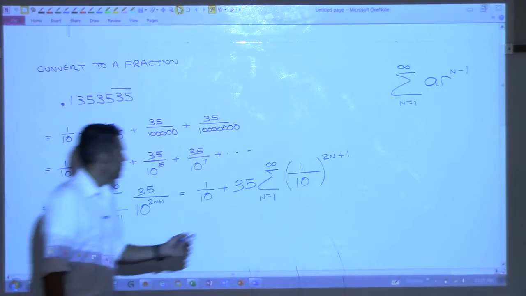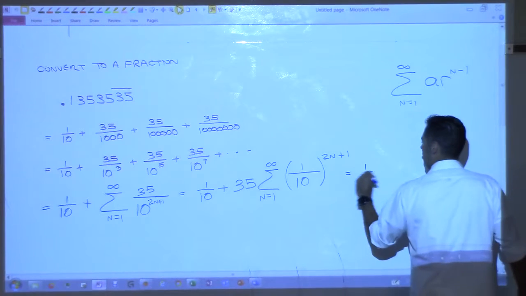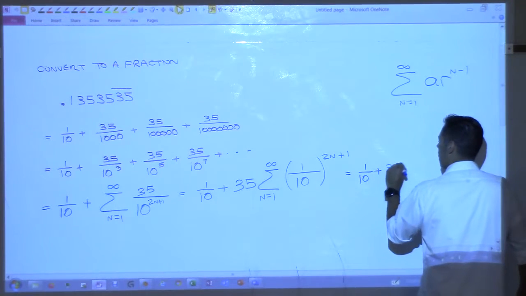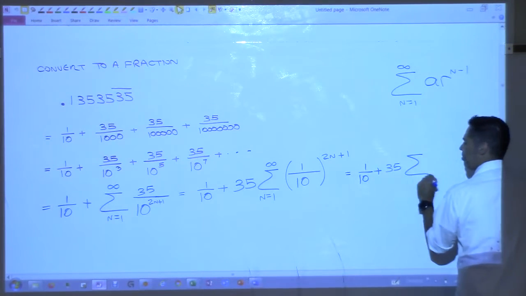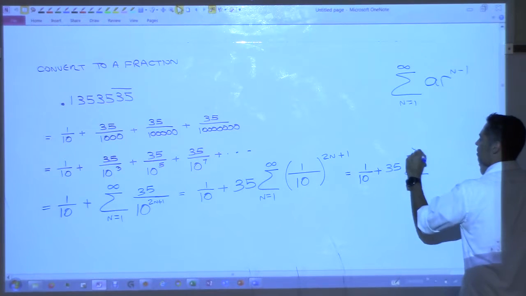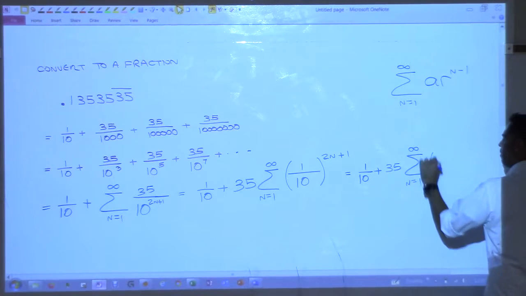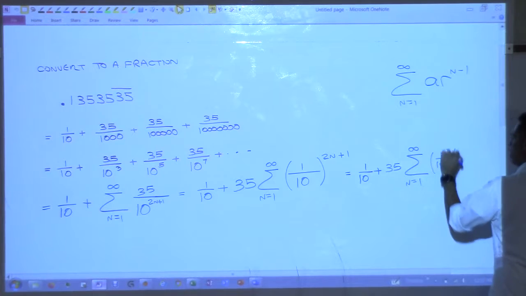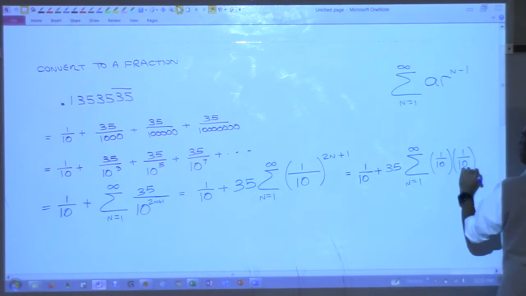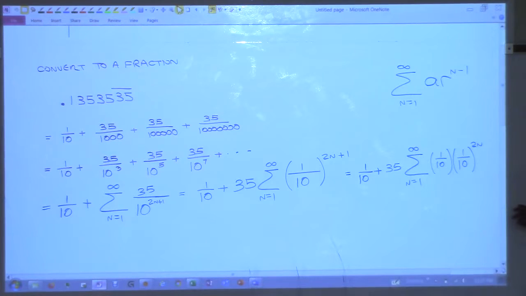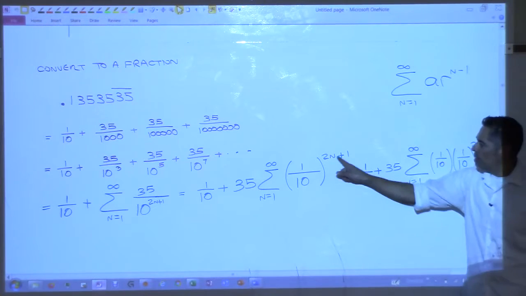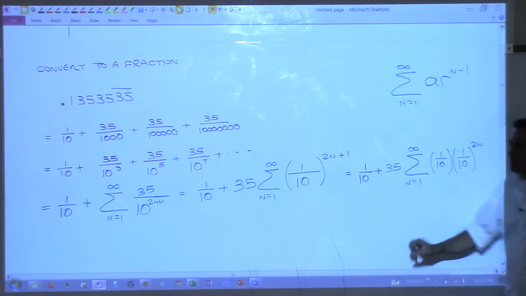Okay, you ready for some more? This is equal to 1/10 plus 35 sum n equals 1 to infinity of 1/10 times 1/10 to the 2n. Properties of exponents here. 2n plus 1, I can split that into 2, right? Like this.